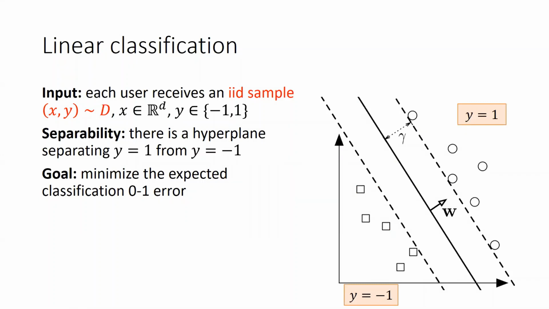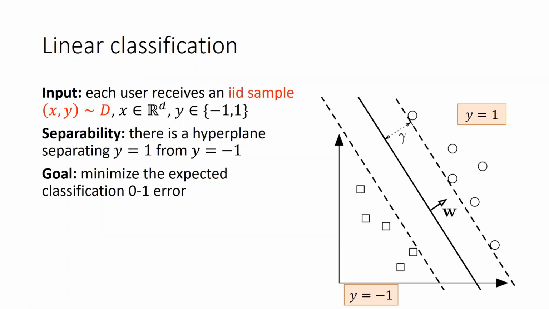So now we'll move from convex optimization to linear classification. In fact, the bound on optimization follows from the bound on classification. We have a similar setting, but now we will learn a binary classifier rather than a real valued function. And we will assume that the support of the distribution D is linearly separable, which means that there is a hyperplane that separates the points labeled as 1 and the points labeled as -1, as you can see in the plot.